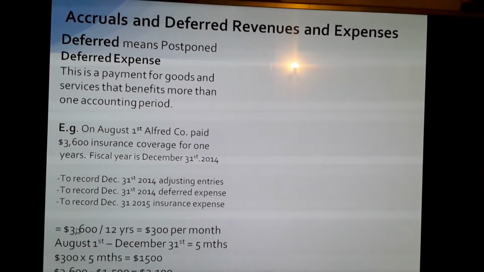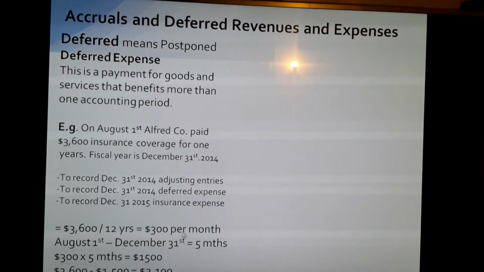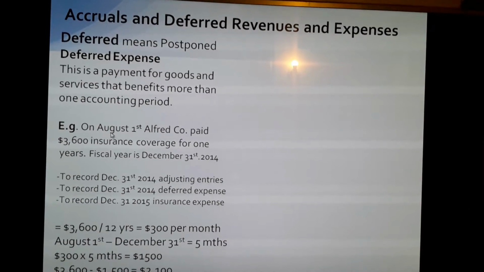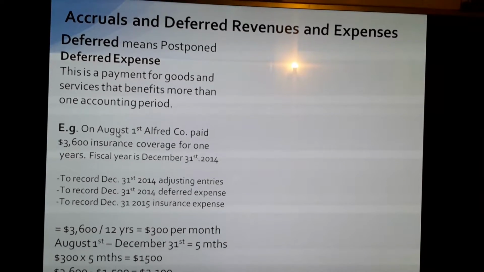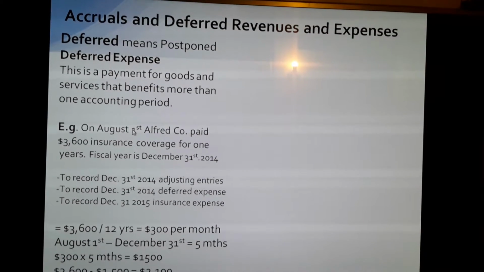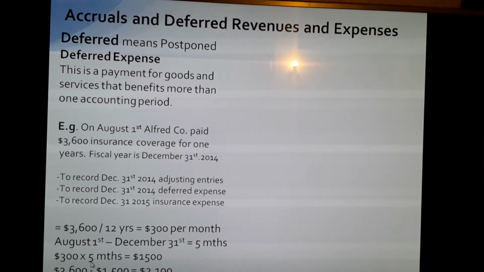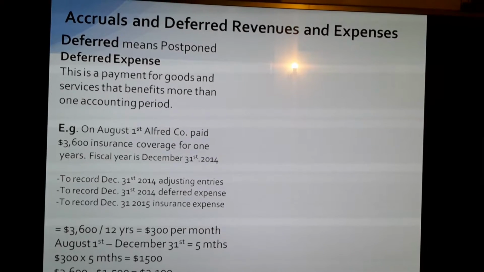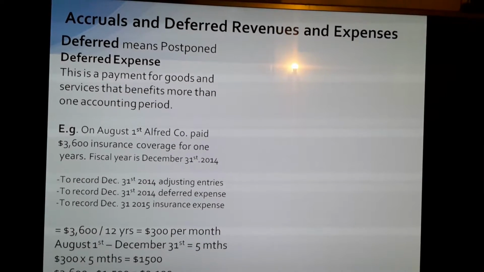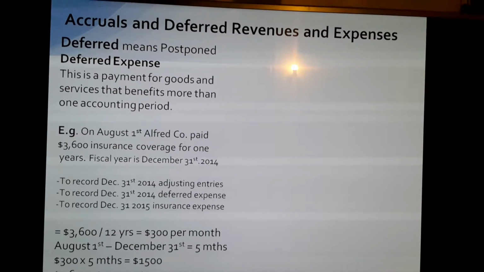Okay, so 3,600 divided by 12 months is 300 per month. Remember, the insurance was paid on when? On August 1st. Okay, so from August 1st to December 31st is how many months? It's going to be 5 months. Since we are using the accrual basis of accounting, we need to report the expenses and revenues that we incurred during this period.